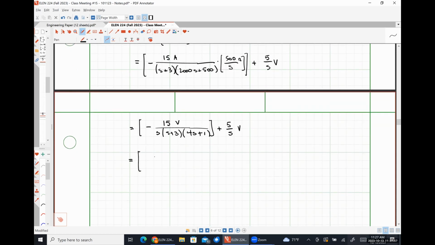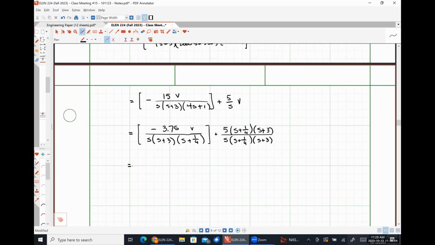So that's going to look like negative, let's see, 15 over 4 would be 7.5 over 2, so 3.75, divided by S times S plus 3 times S plus 1/4, where this thing is in volts, plus 5 times S plus 1/4 times S plus 3 divided by S times S plus 1/4 times S plus 3, so that I have a common denominator so that I can lump everything into a single expression.